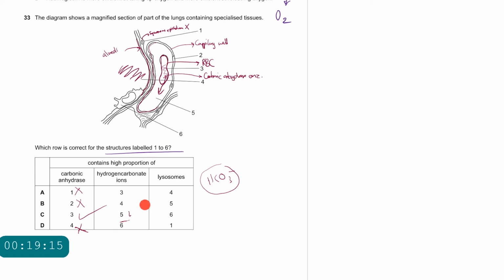So that 5 is definitely correct. Lysosomes, it's assuming that it's 6. Lysosomes are single-membrane organelles found inside the macrophage, which digest any pathogen engulfed by the macrophage. Here is actually a macrophage. This is definitely correct. The answer is going to be C.